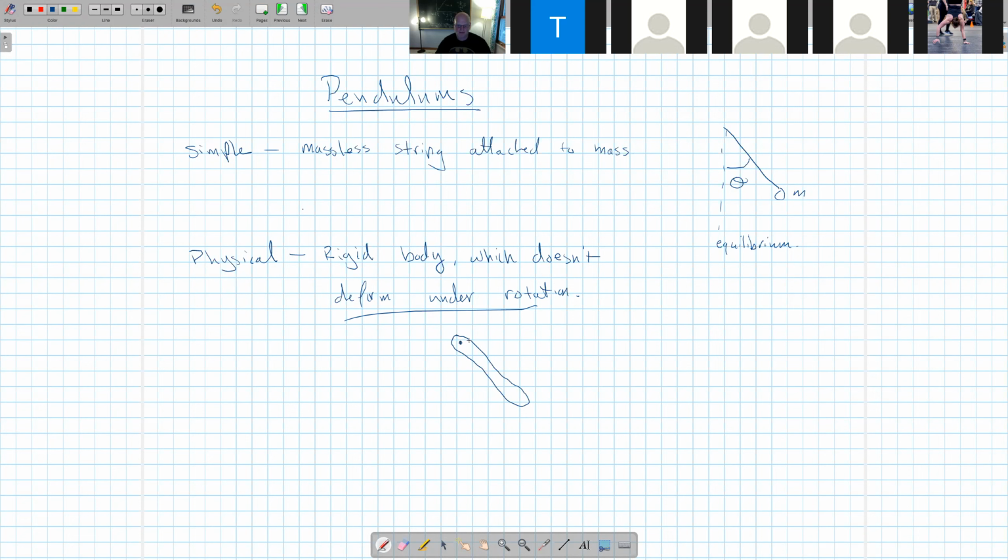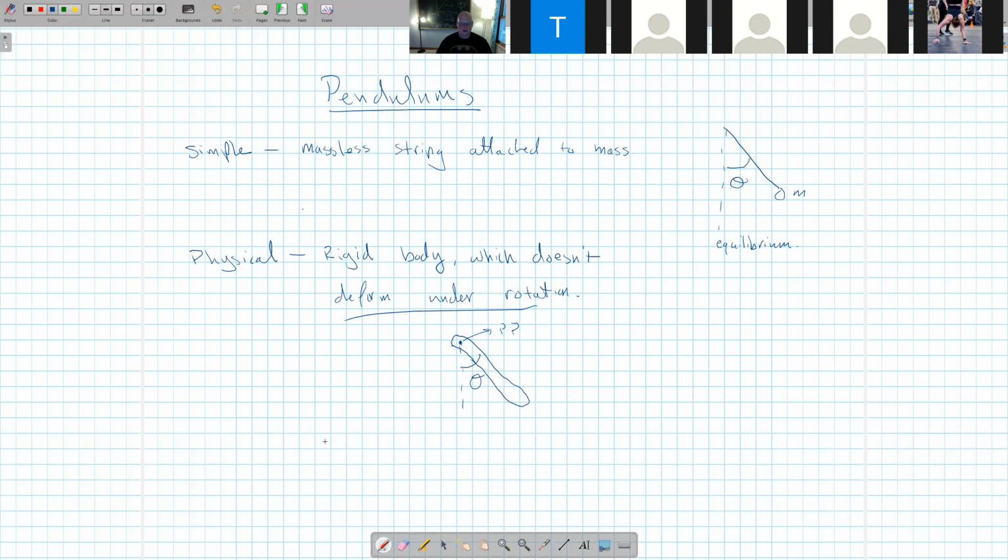Here's going to be my pivot point. So this is our pivot point. And again, this thing's going to be displaced away from the vertical position by some sort of angle delta theta.